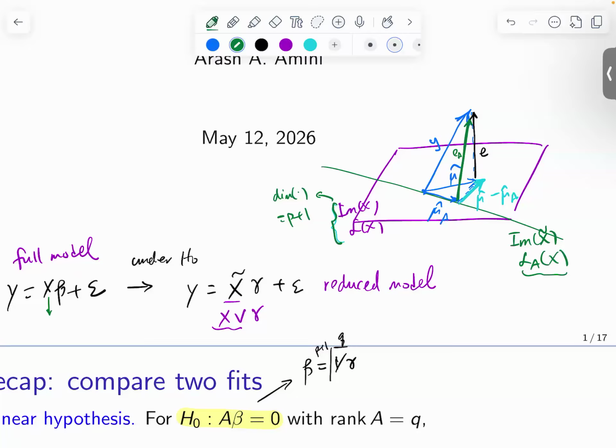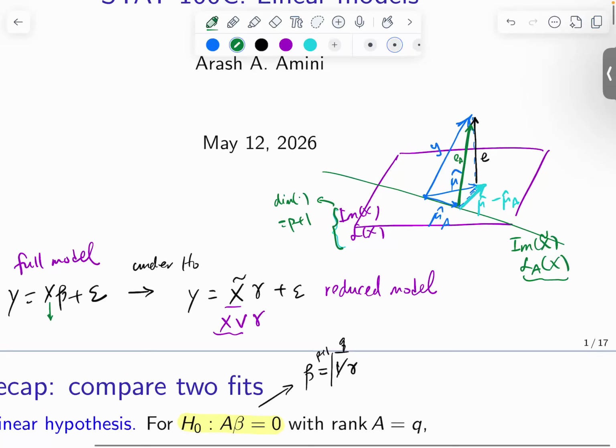Anyone knows what the dimension of this reduced model would be? Or the image of X tilde, or you can say the dimension of the mean model, the space that's modeling the mean of the reduced model. Dimension.